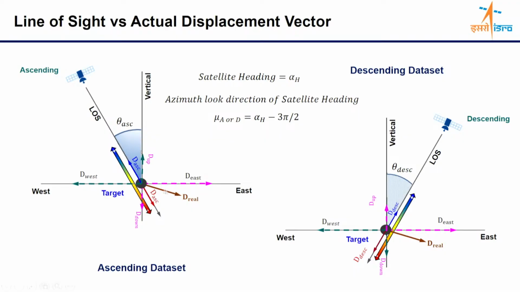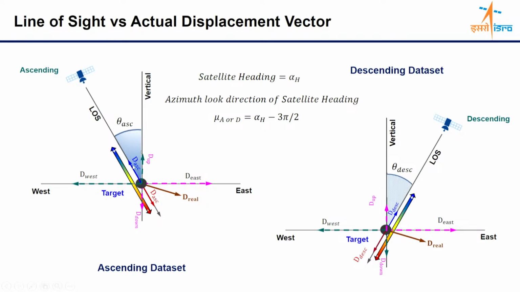So if the vector is here, then we can decompose it along this direction and the north-south direction also. And if this motion is moving towards this side, then again it can be decomposed into the upward or downward direction, towards the west direction, towards the vertically up direction. If this motion is moving away from the satellite, then this is the vector and its component is this, and if it is towards the satellite, then its component is this.